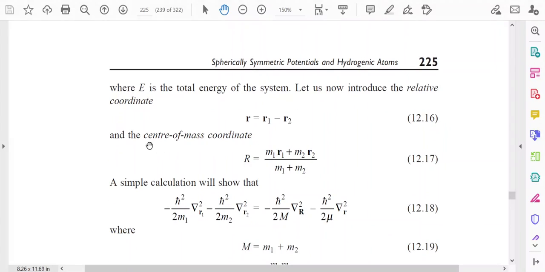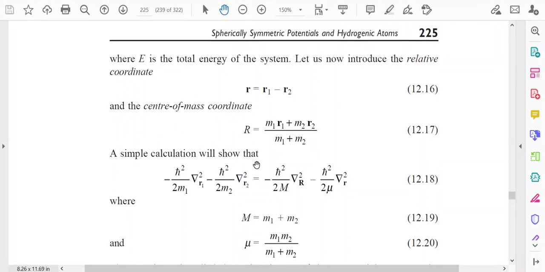And we will introduce another coordinate, capital R, known as the center of mass coordinate. So capital R can be written as m1 r1 plus m2 r2 divided by m1 plus m2. We have already learned in mechanics that the center of mass coordinate can be written in this way.